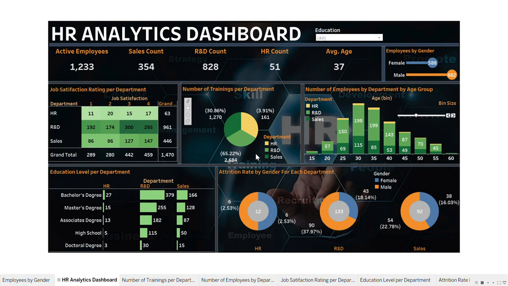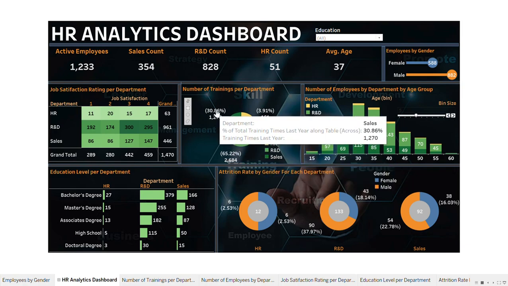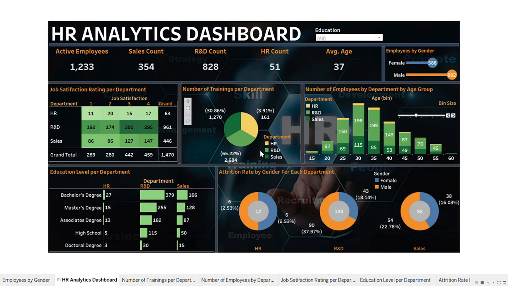So you can be able to visualize and be informed with this component.